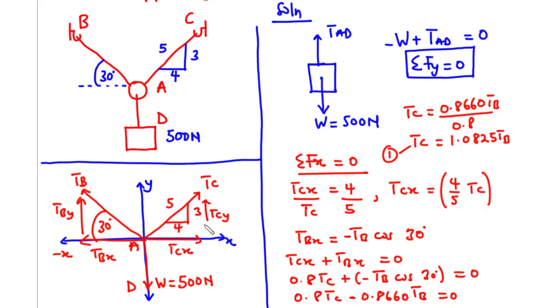For TCY, we have TCY acting along the positive y-axis, and that corresponds to 3. Since sine theta is equal to opposite over the hypotenuse, that is basically 3/5.